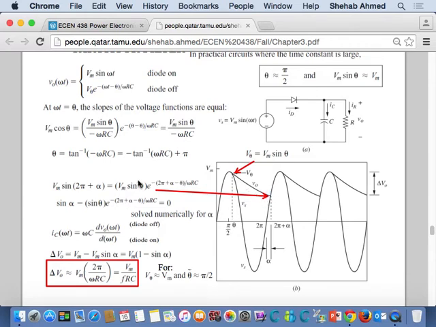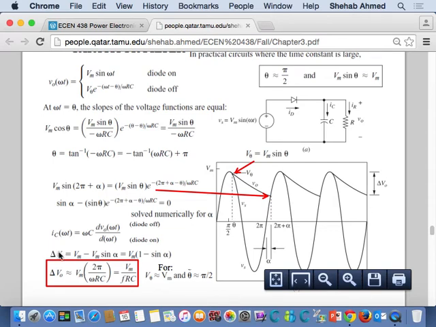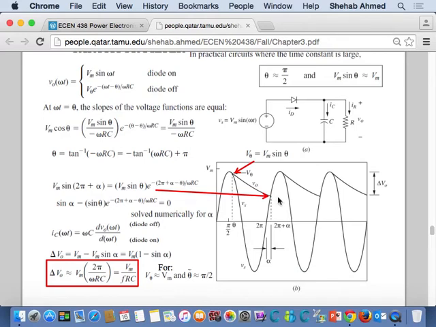If I do that, I end up with an equation that has alpha as well as theta. Right? So initially I wanted my delta V. My delta V was a function of alpha. I needed alpha, right? So for me to find alpha, I found the intersection of the exponential waveform and the sine wave, which was this equation. It's the intersection of the exponential and the sine wave at 2 pi plus alpha.